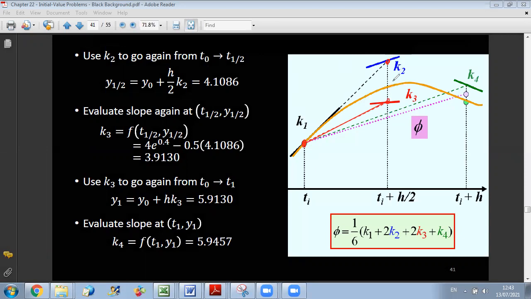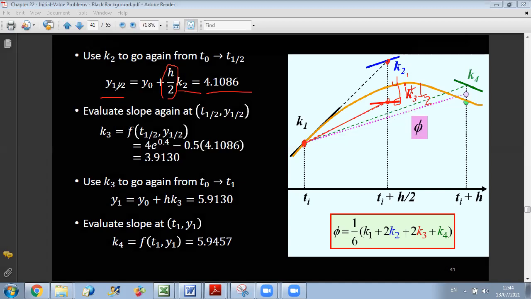So now we will compute a new value of y i plus half. This is a corrected value, and we can call it y i plus half 1. The updated value of y half is y0 plus h over 2 k2, because we are moving with the slope k2 a distance of h over 2. We get the updated value of y half here.